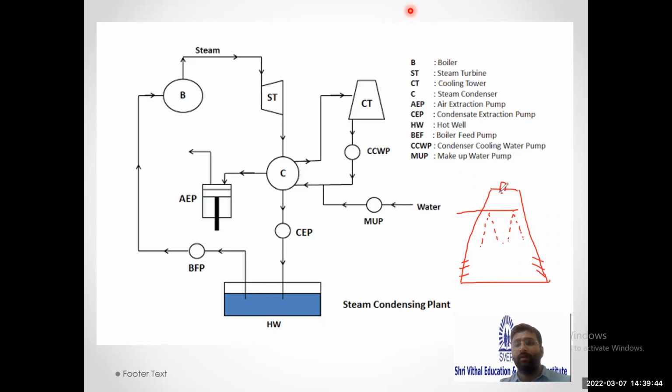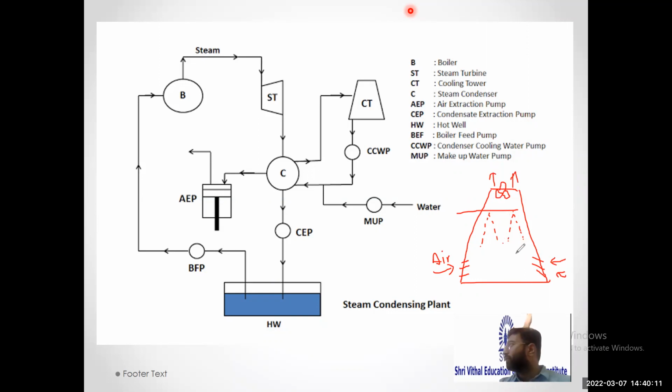This fan at the top. What will happen? When we start the fan, air circulation will be generated. So air from outside will come inside and it will go out from the top. So air will come from the bottom and go out from the top.